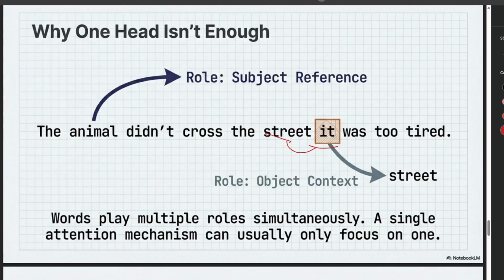The street or the animal? If we use a single attention mechanism, we might focus only on the grammar, but we also need to track who the subject is, the tone, and the position.